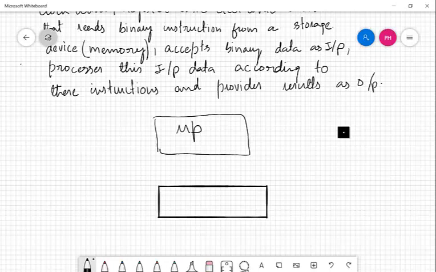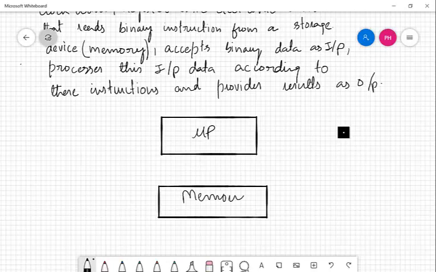Okay, so this is our microprocessor and this is our memory. In a basic computer system, there's a program written on this memory, and this processor reads instructions from memory and executes them one by one.